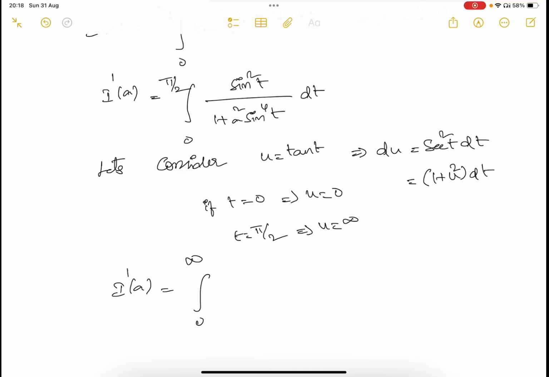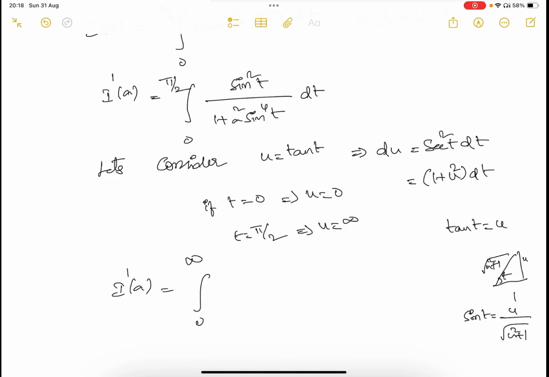right? Then what about this sin t? Tan t is u, that is, if this angle is t, right? Tan t is opposite by adjacent, and this will be u by 1. Then this length will be root of u square plus 1. Then sin t will be u by root of u square plus 1.